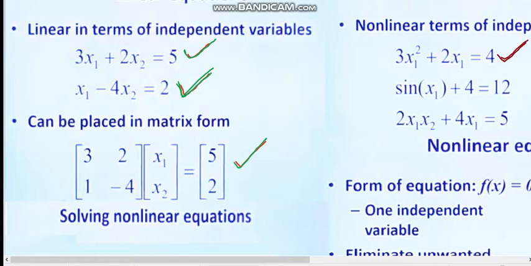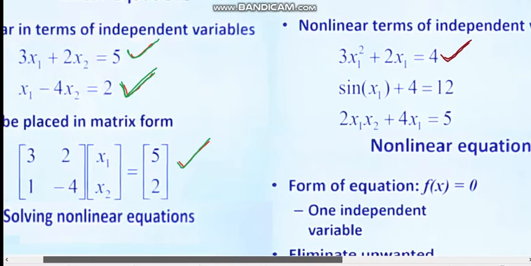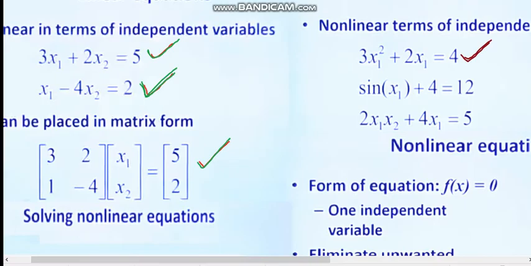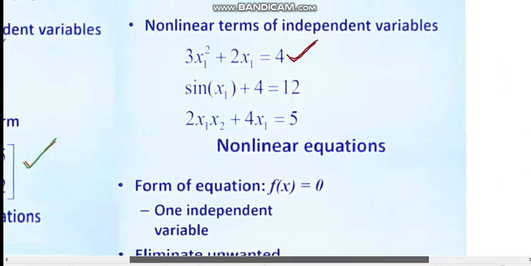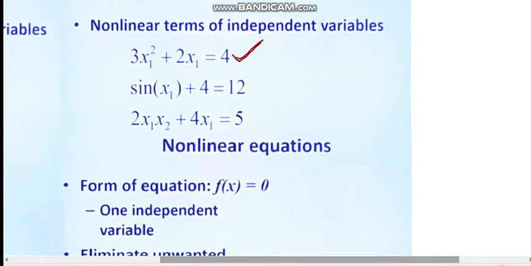It is the simplest way for linear equations, but this is not possible in the case of nonlinear equations, where the power of your independent variable is greater or less than, which is not equal to 1. Then you will have a nonlinear equation.